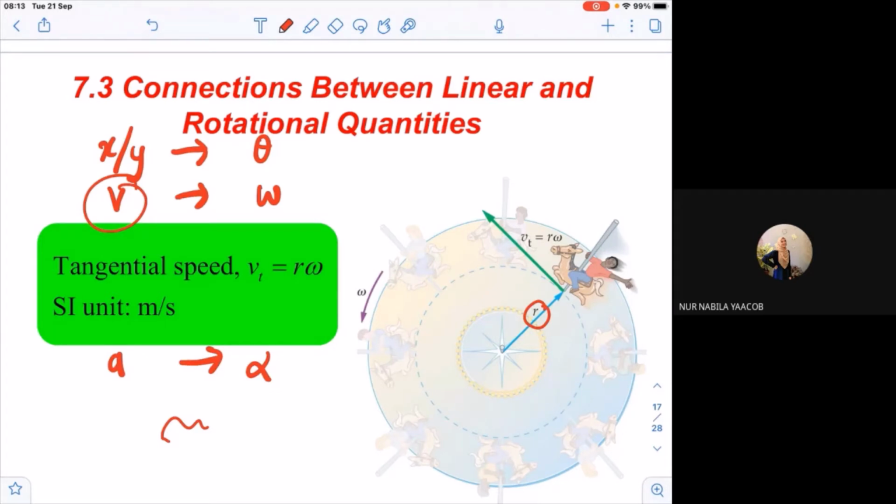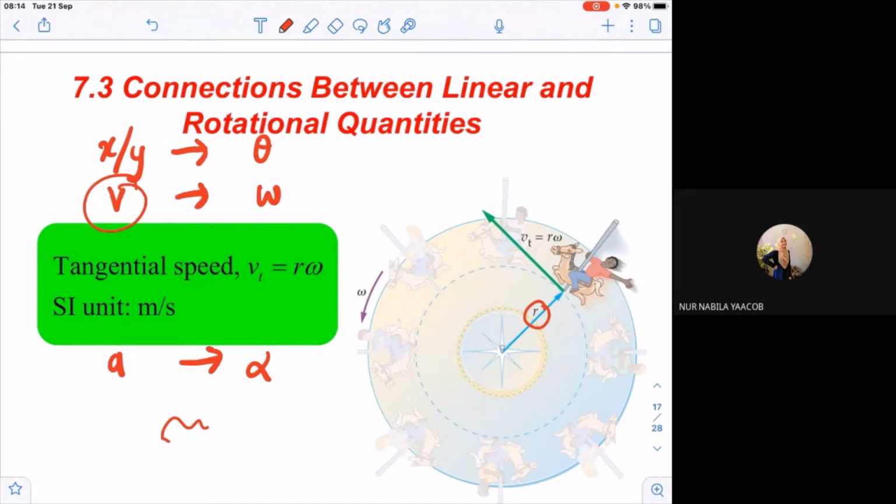It doesn't move around because this is not a real horse. When the machine works, the horse will bounce up and down and move around. In our terms, the horse is having rotational motion. So when the horse moves forward, we are saying that this horse has some tangential speed.